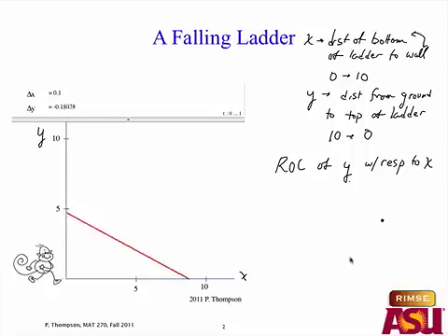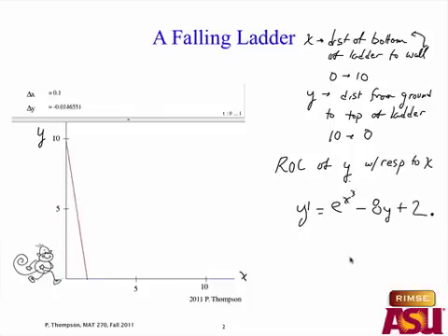Can we just write it down? Can we just say, oh well, y prime is one of these, like e to the x cubed minus 8y plus 2? Can we just write it down? How can we get something like this that will give us the rate of change of y with respect to x? What's that? You're going to need points.